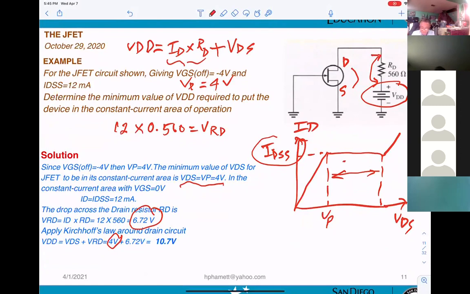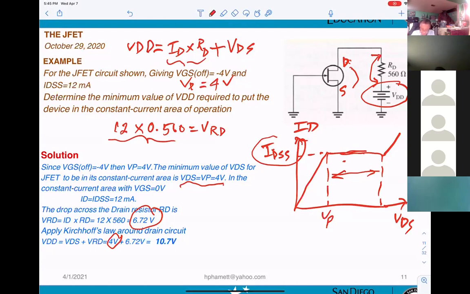So the voltage VDD will be the combination of the voltage drop across RD and the voltage from D to S. In this area we know the current will be IDSS, so you can calculate the voltage drop across the 560 ohm resistor, then add the voltage VDS.